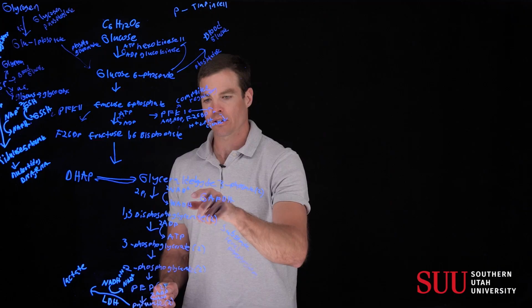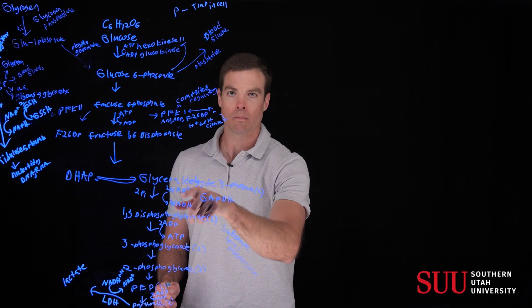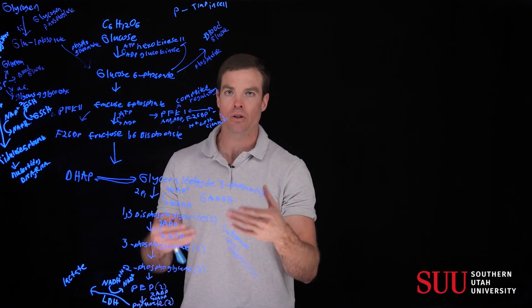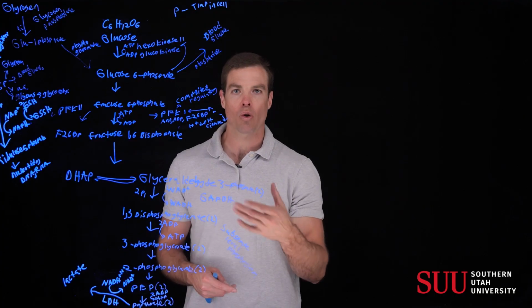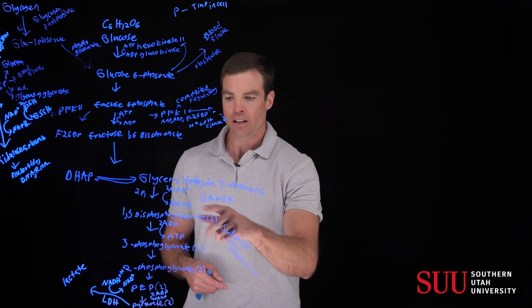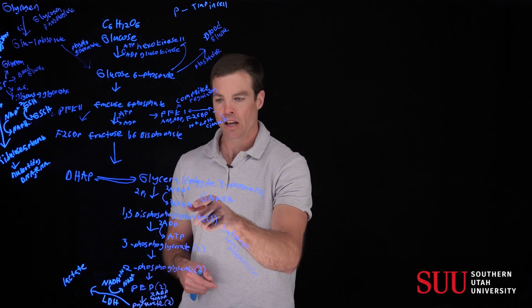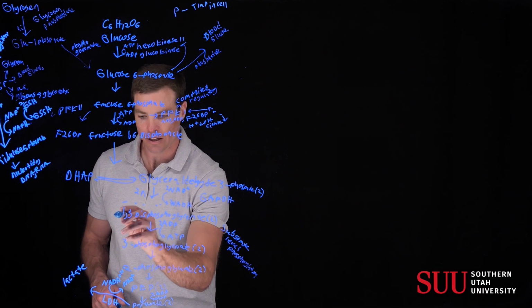To oxidize glyceraldehyde 3-phosphate, you need enough of the oxidized form of NAD, you need NAD+. If you were to reduce all of your NAD+ to NADH, you could no longer drive glycolysis.